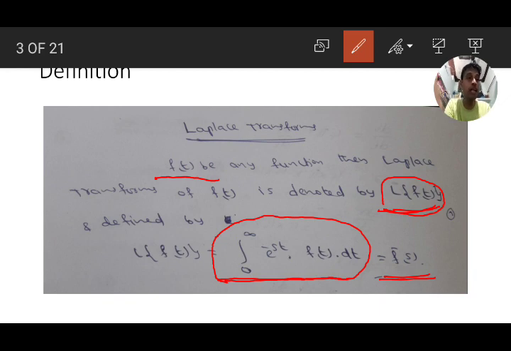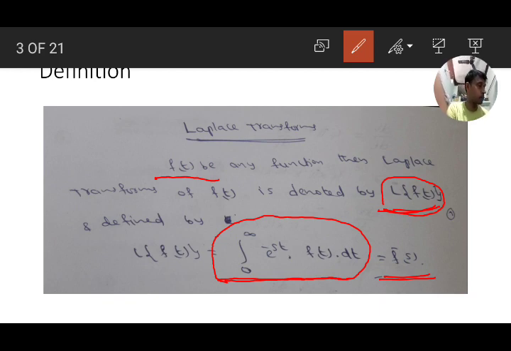We get the answer in s terms, so we denote it by f bar s. So understood? Any doubts?